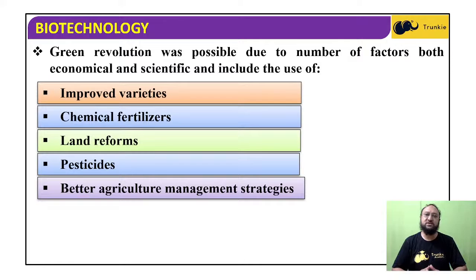There were many reasons for the success of the green revolution, and they were dependent on improved varieties. That means we are hybridizing to obtain good varieties. For example, there is one variety which is giving a good quality mango, and there is another plant which is not giving good quality mango, but it is disease resistant. Try to understand this.